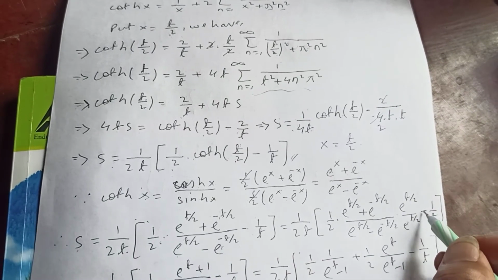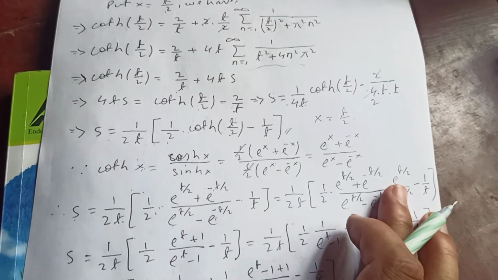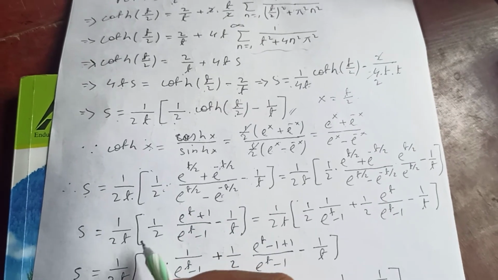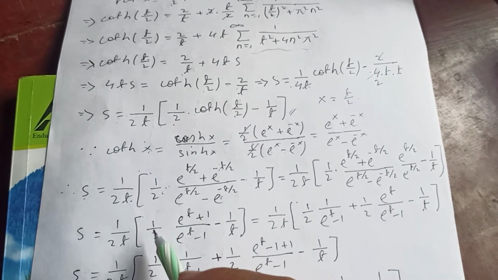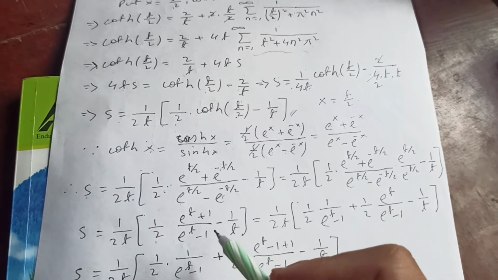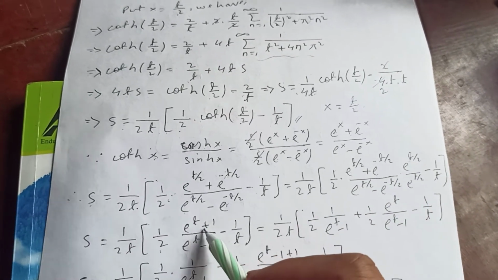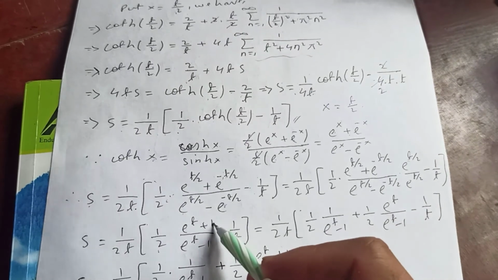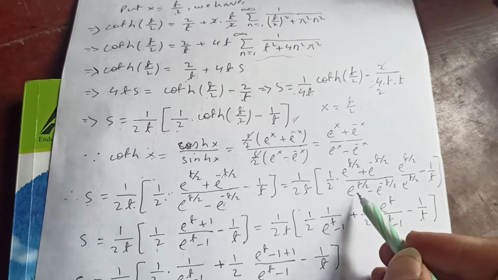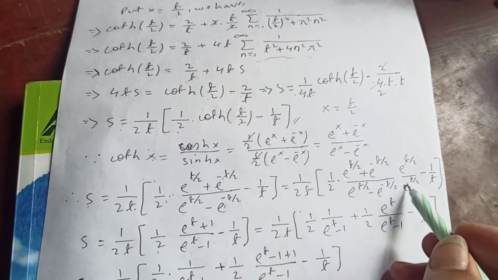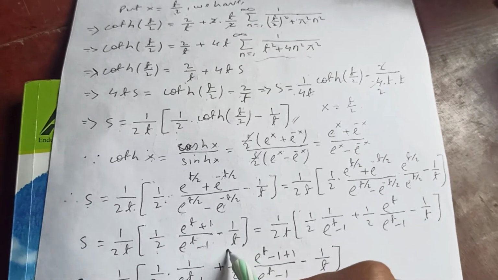Then what do we get? 1 over 2t times 1 upon 2, now if you multiply this, you'll get e to the t plus 1 upon e to the t minus 1, minus 1 over t.